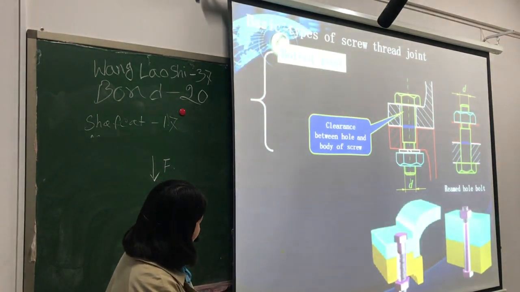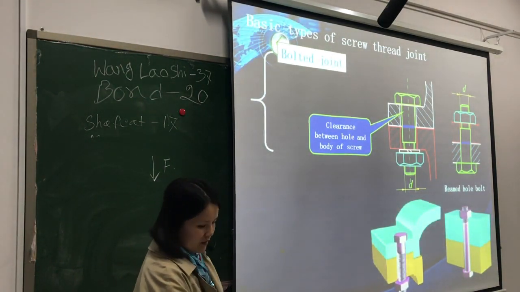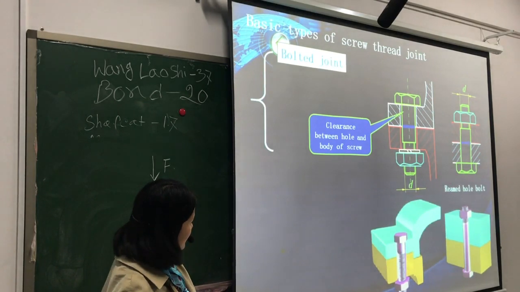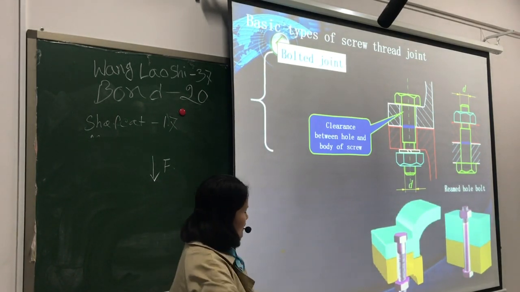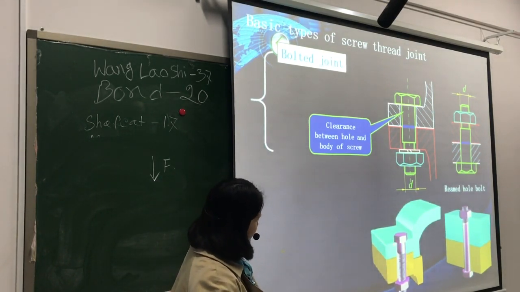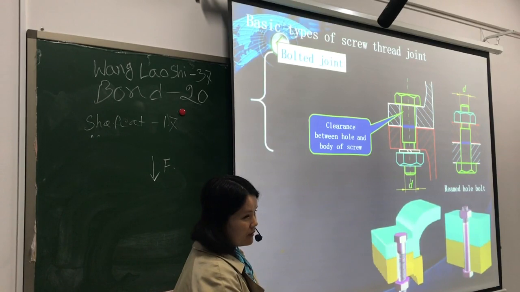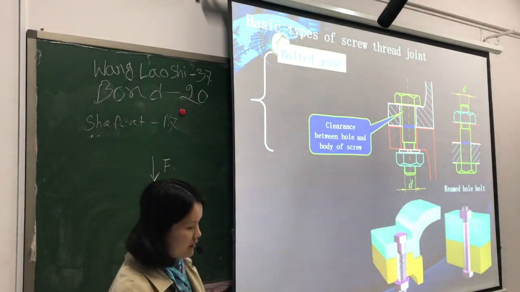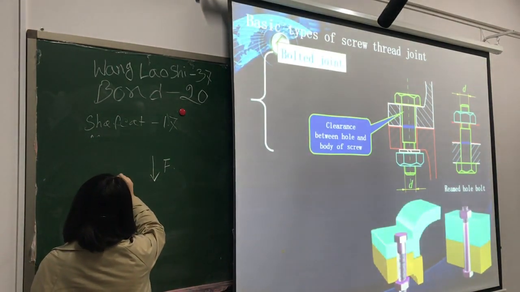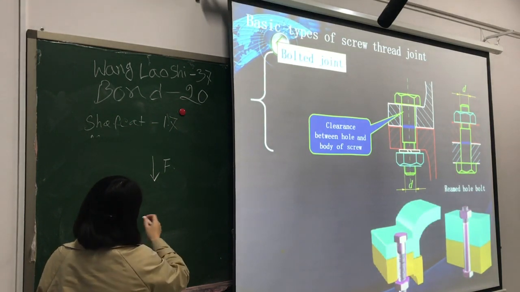And there is a friction between the joint and the clamping members. Friction F.